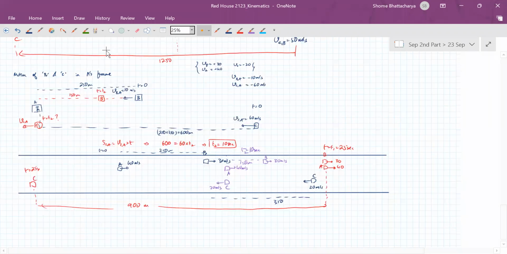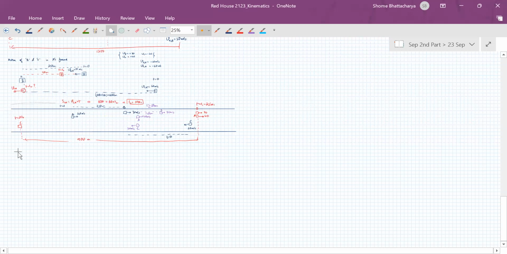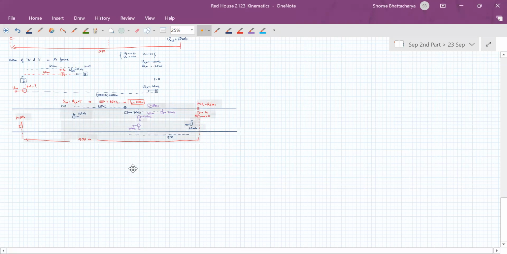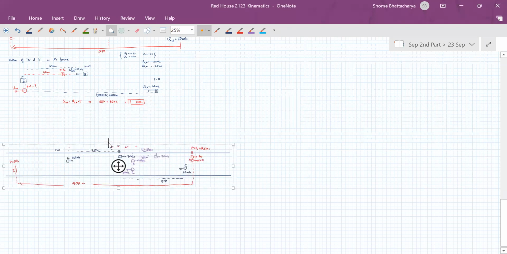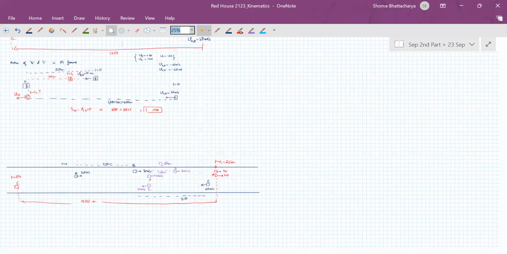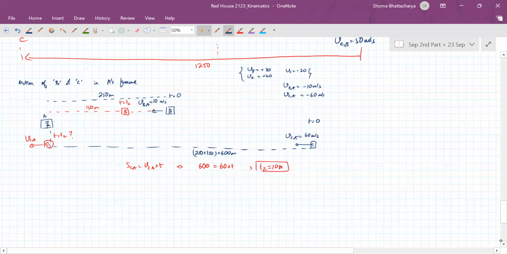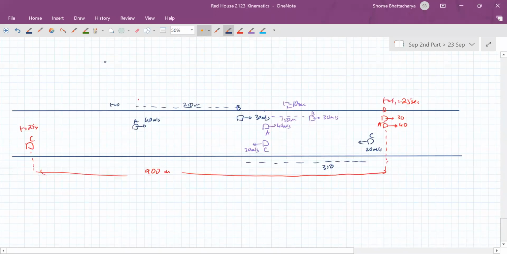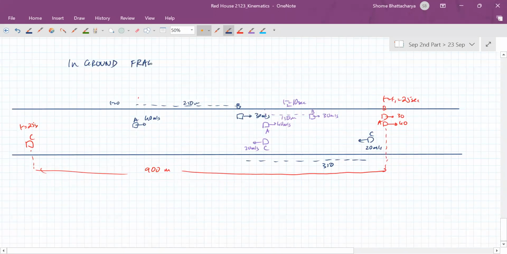Separate this out. So now if you look at the individual motions on the ground frame, you can see this is a sequence of events.